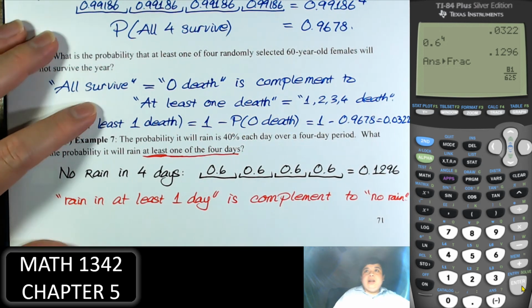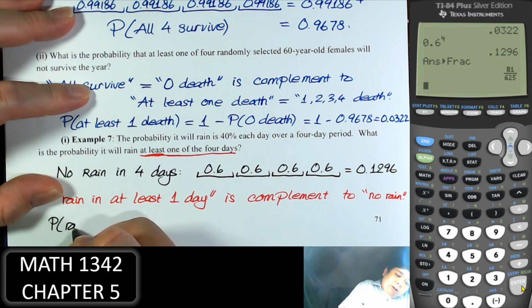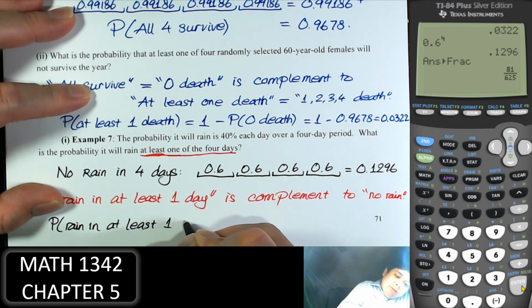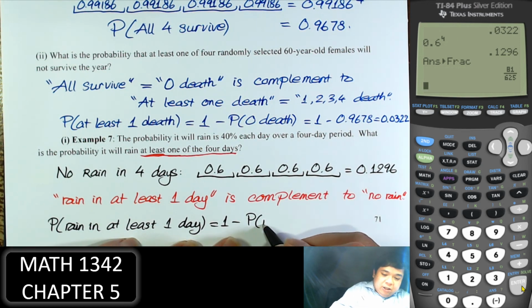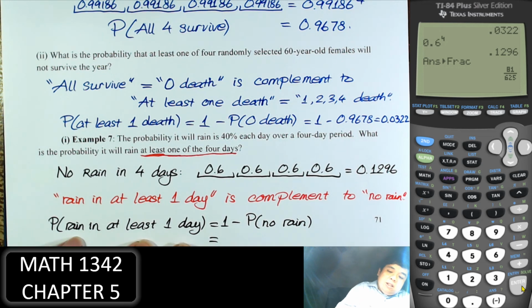Because of that, the probability of rain in at least 1 day equals 1 minus the probability of no rain. So 1 minus that.